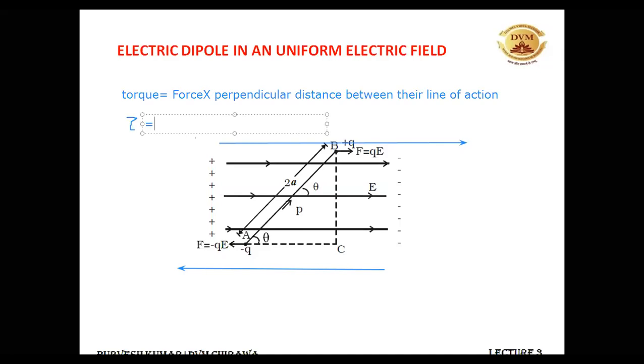And what is the magnitude of force? It is Q into E. And when I multiply it with the perpendicular distance, I will be writing over here as BC. Force multiplied by the perpendicular distance between the lines of action of the force gives us the torque, and torque tau is equal to QE into BC, because BC is the perpendicular distance between the lines of action of these two forces of the couple. One is this side, other one is this side, and BC is the perpendicular distance.